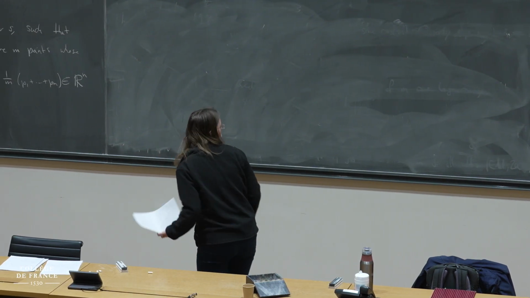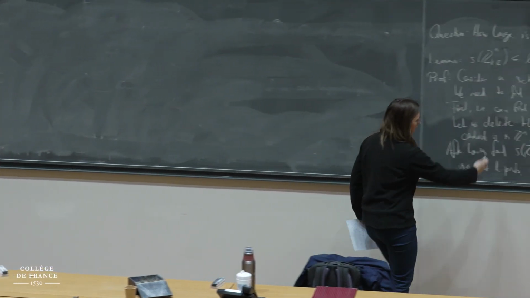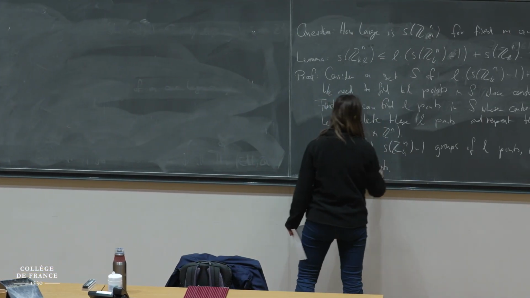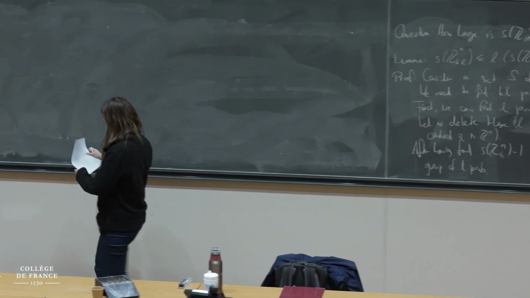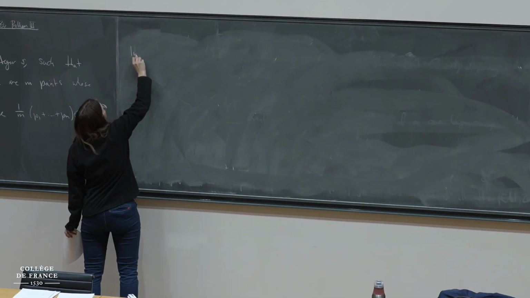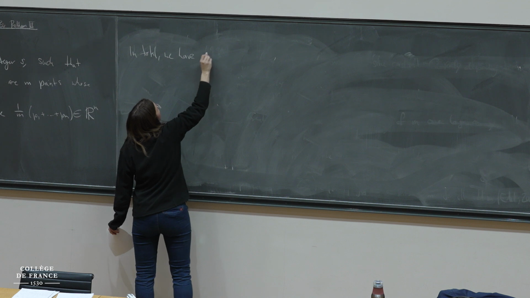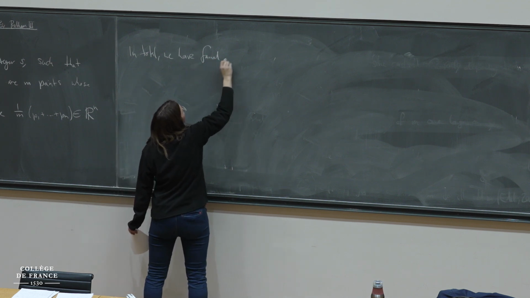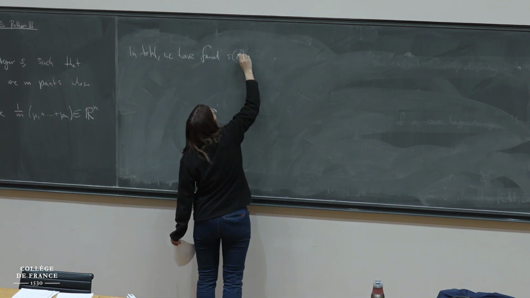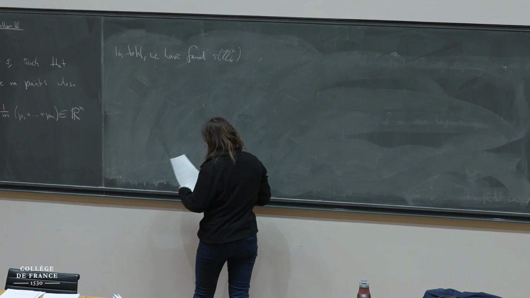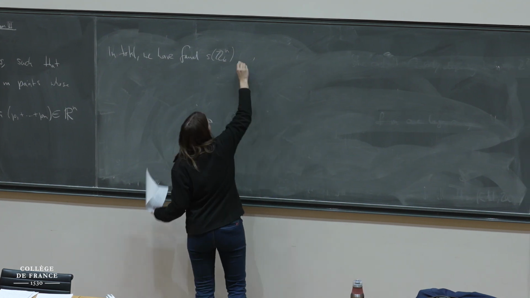Okay, so in total that means we can find this plus 1, so basically it's this S of zk to the n many groups. So in total, we have found S of zk to the n groups of L points.